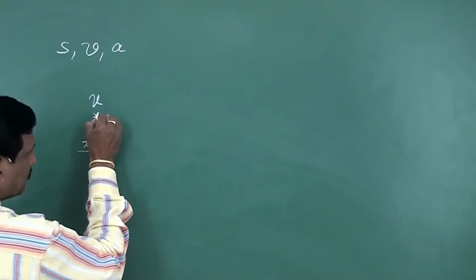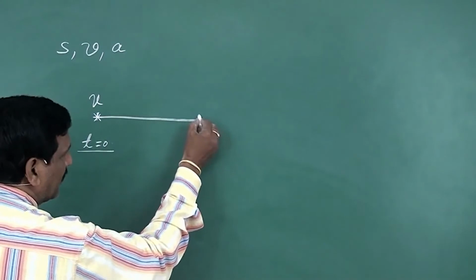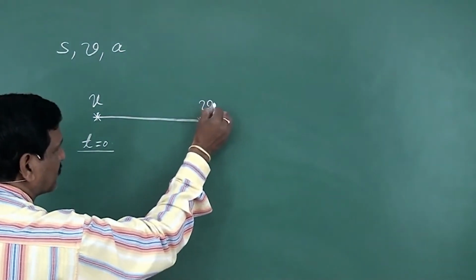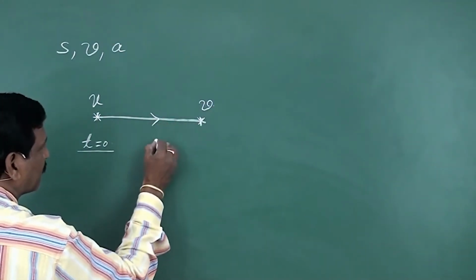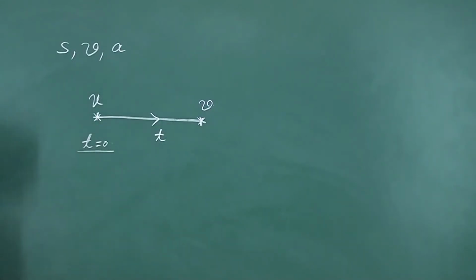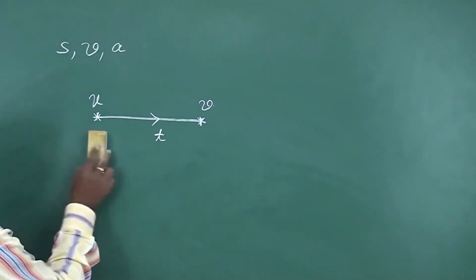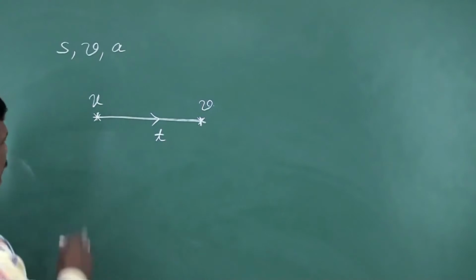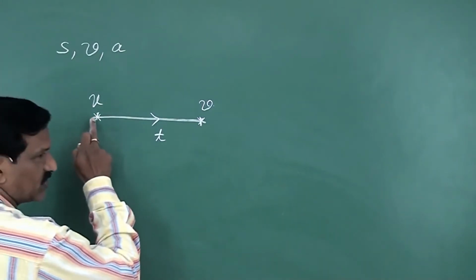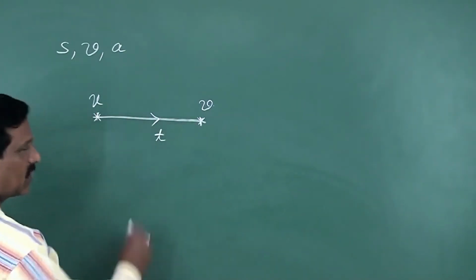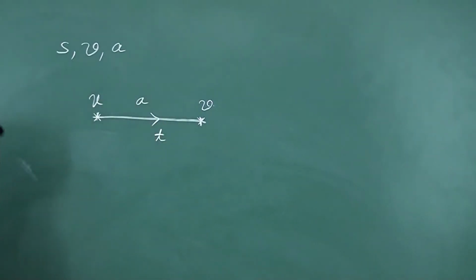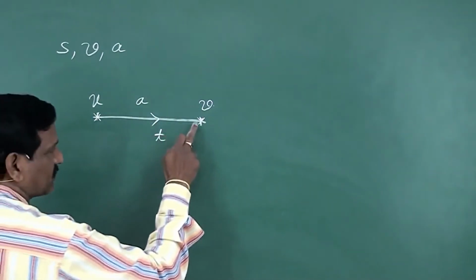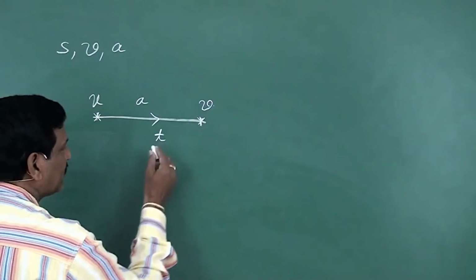Now it moves like this and acquires a velocity v in a time of t. So here the body starts with an initial velocity u, moves with uniform acceleration, and acquires a velocity of v in a time of t.